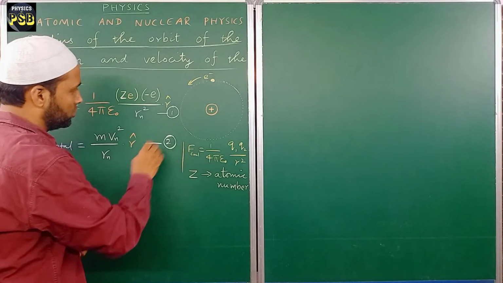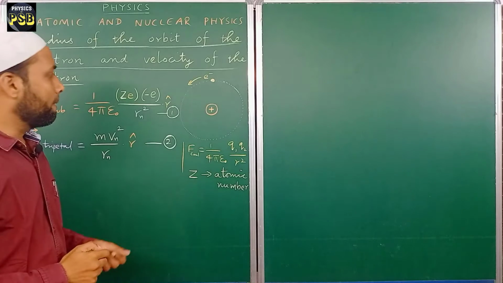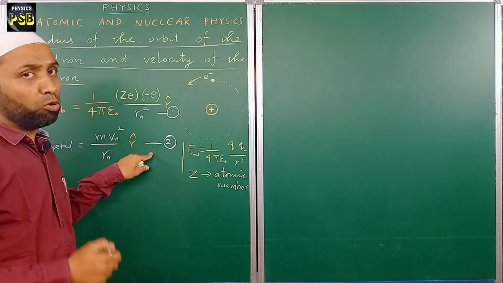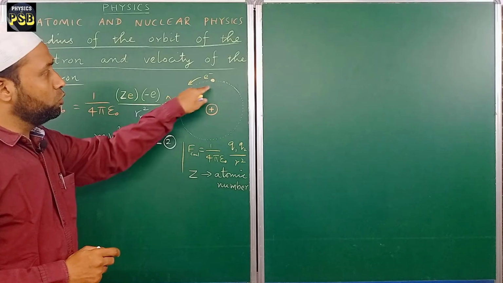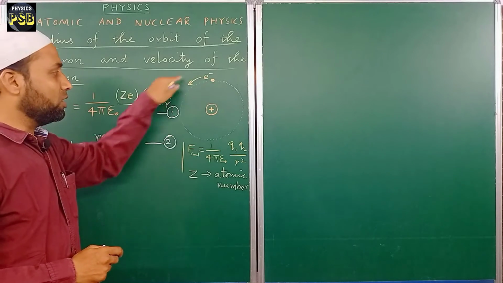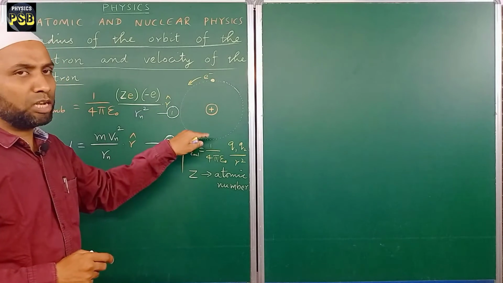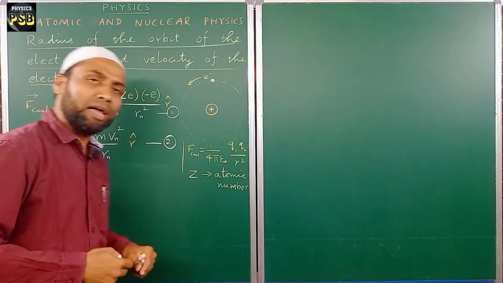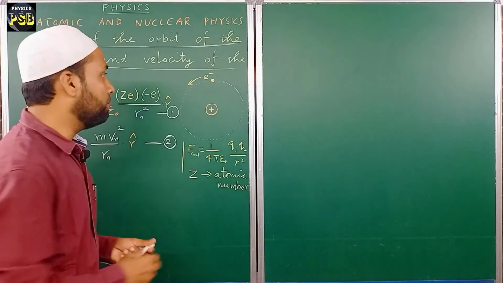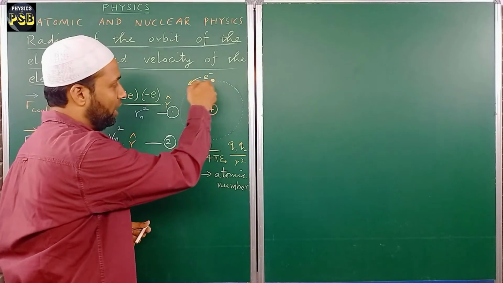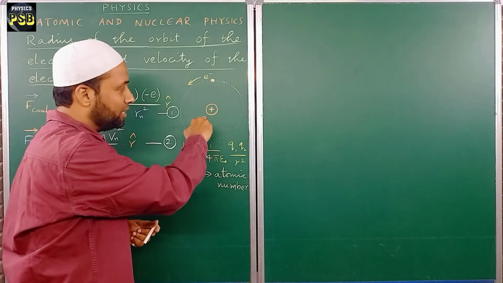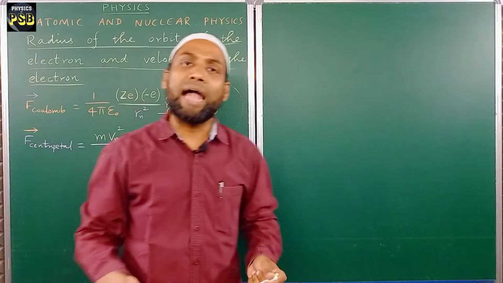Now these two forces must be equal to each other to keep the electrons revolving around the nucleus. If some imbalance occurs here, the electron will fall into the nucleus and the atom will collapse.